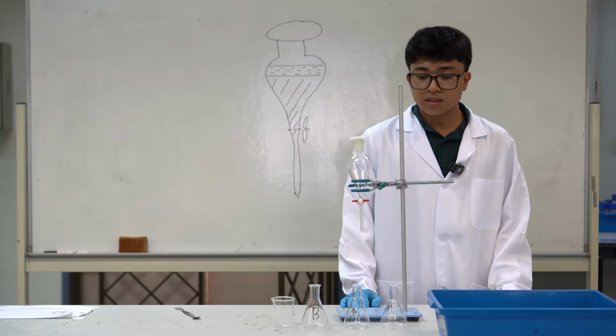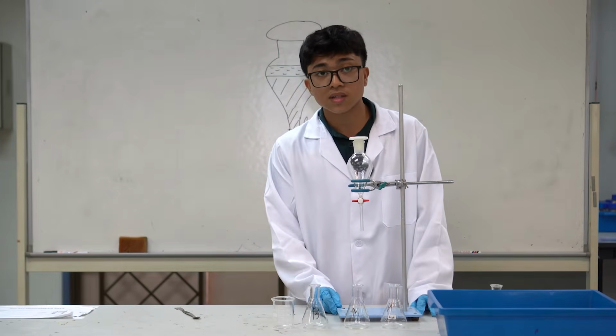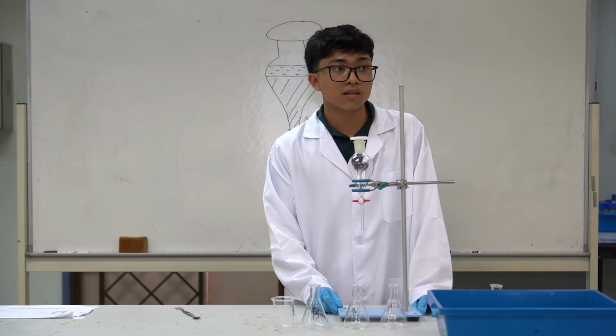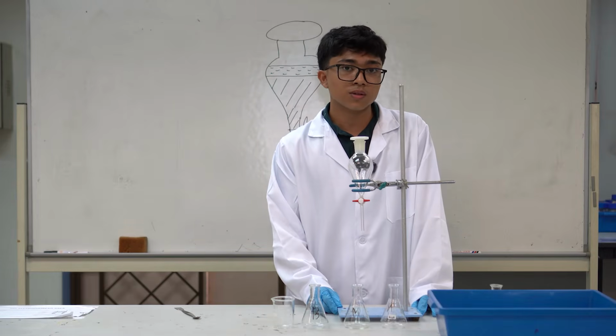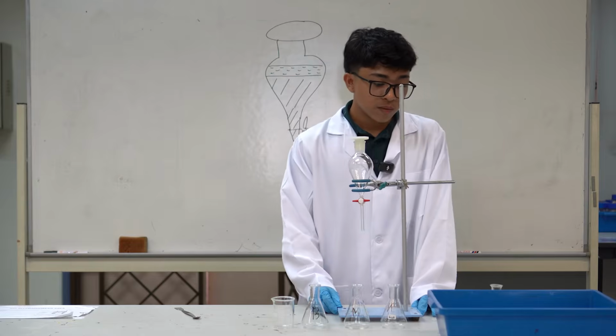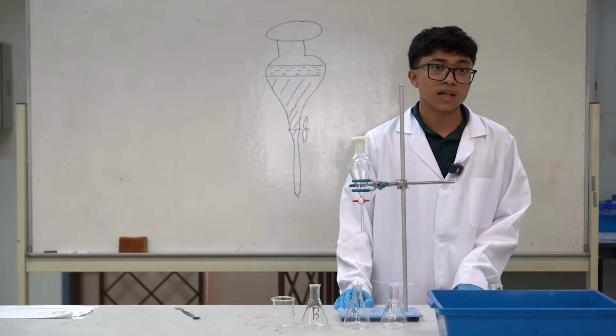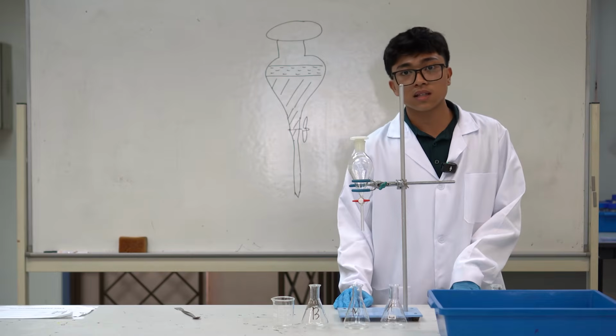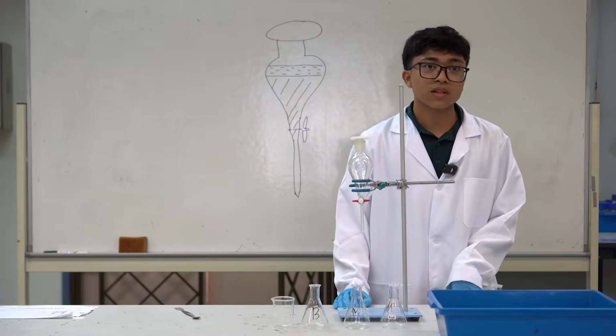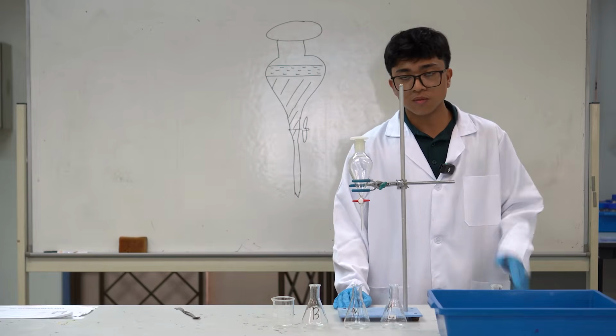The next one is the chemical handling. We are using dichloromethane, sodium hydroxide, and also hydrochloric acid. These three chemicals are highly volatile, caustic and toxic. Dichloromethane is also carcinogenic, which if we inhale, it might cause cancer.